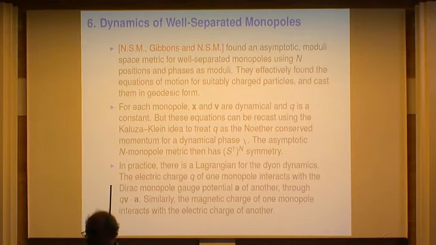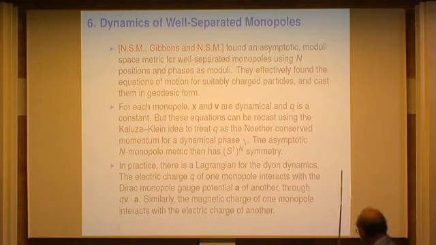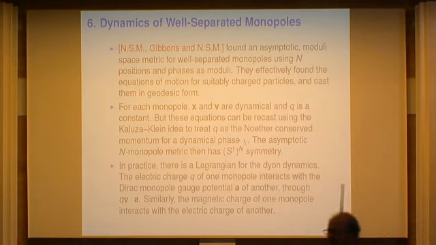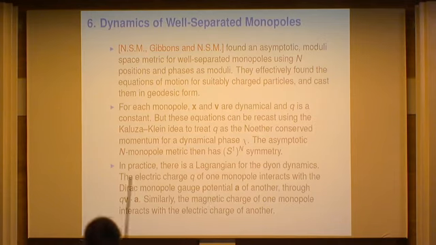Roughly the radius goes like 1 minus 1 over S. So this is for 2 monopoles with separation S, the radius of that circle is 1 minus 1 over S. But suppose you have 3 monopoles and they're going off, separating conically, asymptotically.